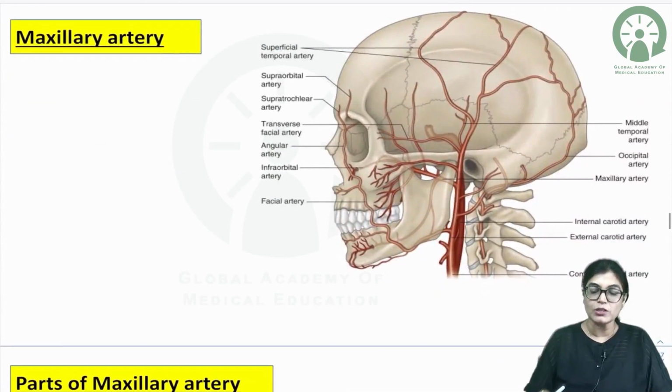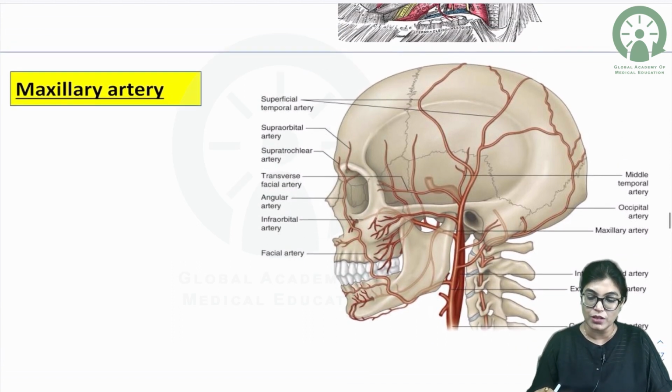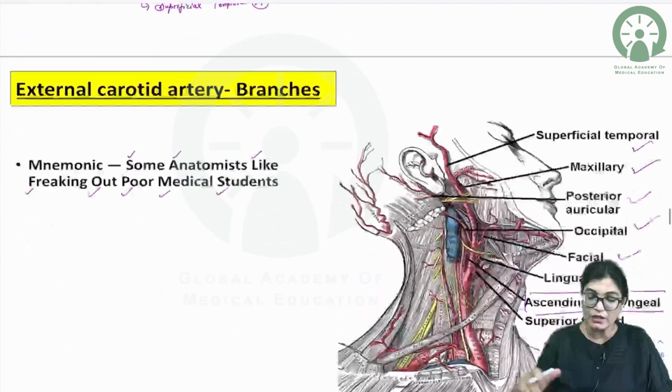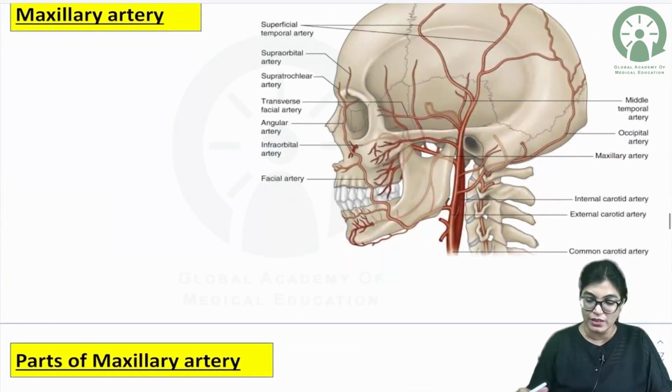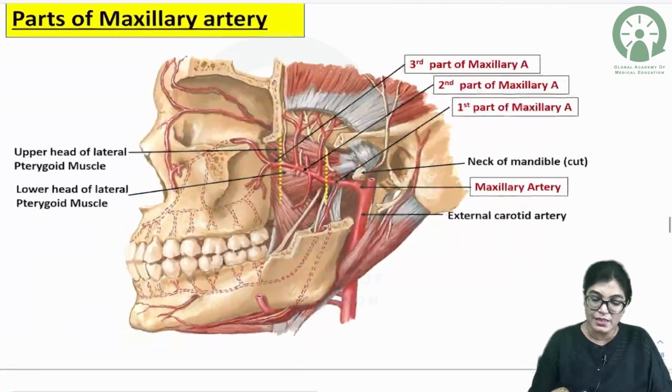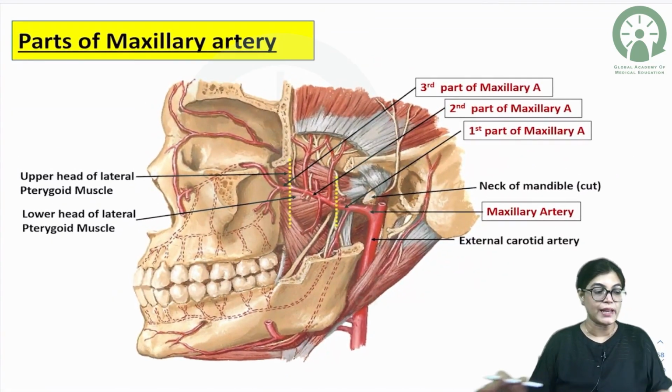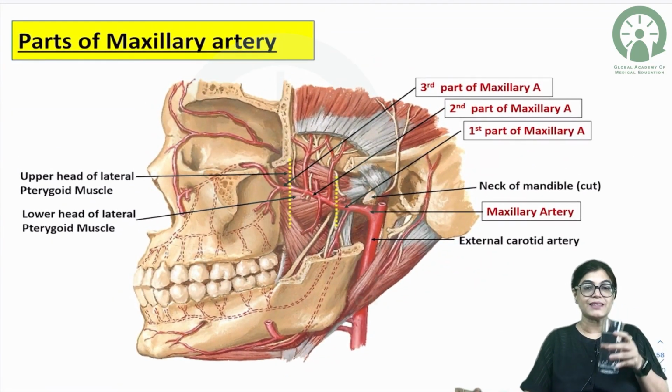Done. Now let's talk about the maxillary artery. As I told you, it is the other terminal branch of the external carotid artery. In this diagram you can clearly appreciate that the maxillary artery is divided into 3 parts.